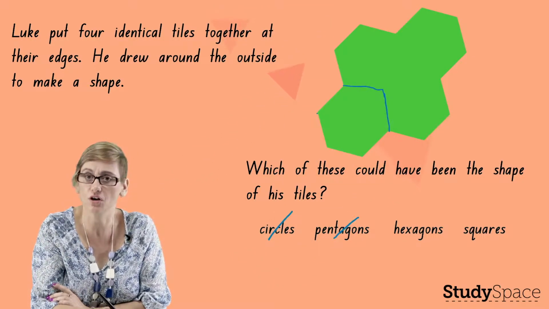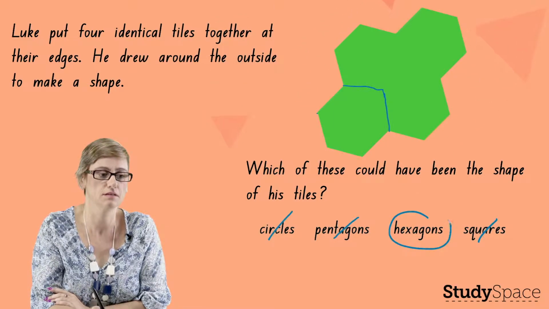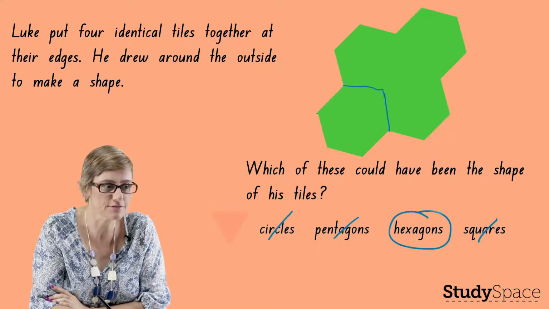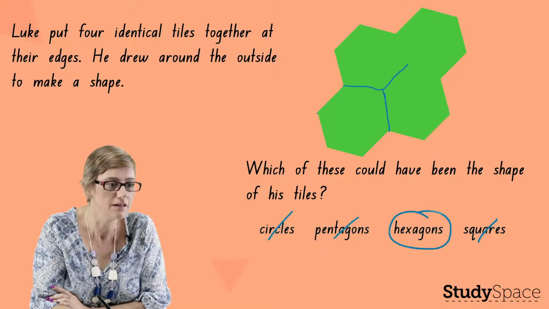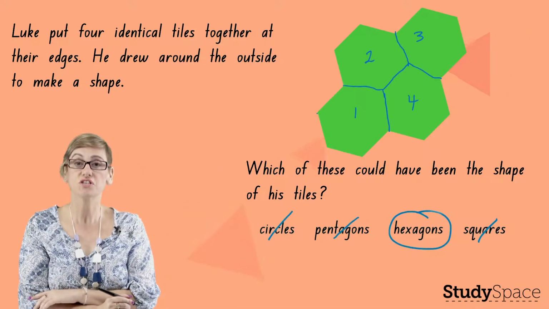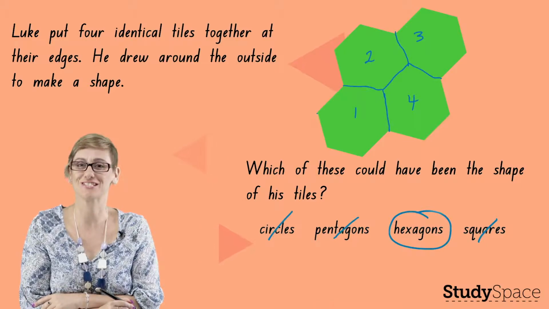So again, we've got 6 sides, so it has to be the hexagon. So let's just draw the hexagons. And these aren't exact, boys and girls. So we've got 1, 2, 3, and 4. So which of these could have been the shape of his tiles? Hexagons. Let's have a look at our last question, boys and girls.